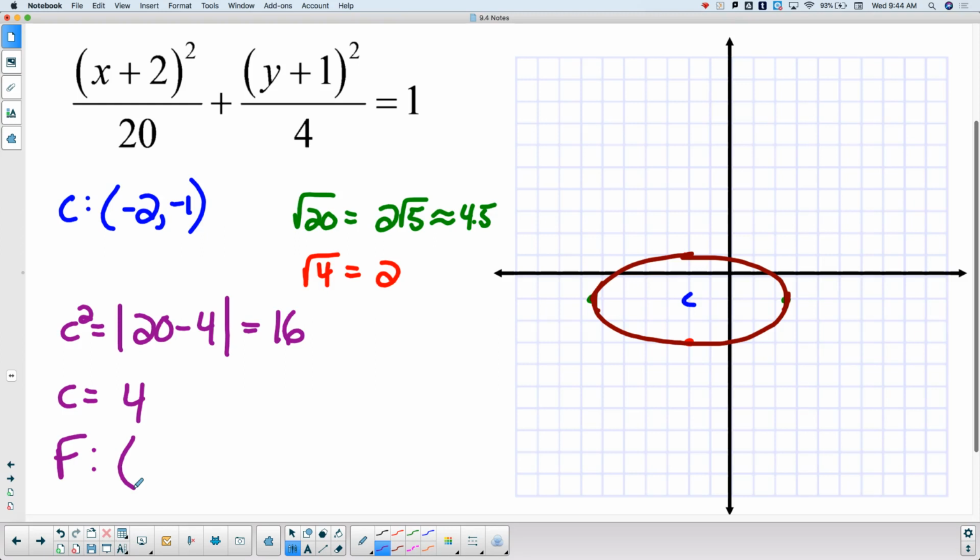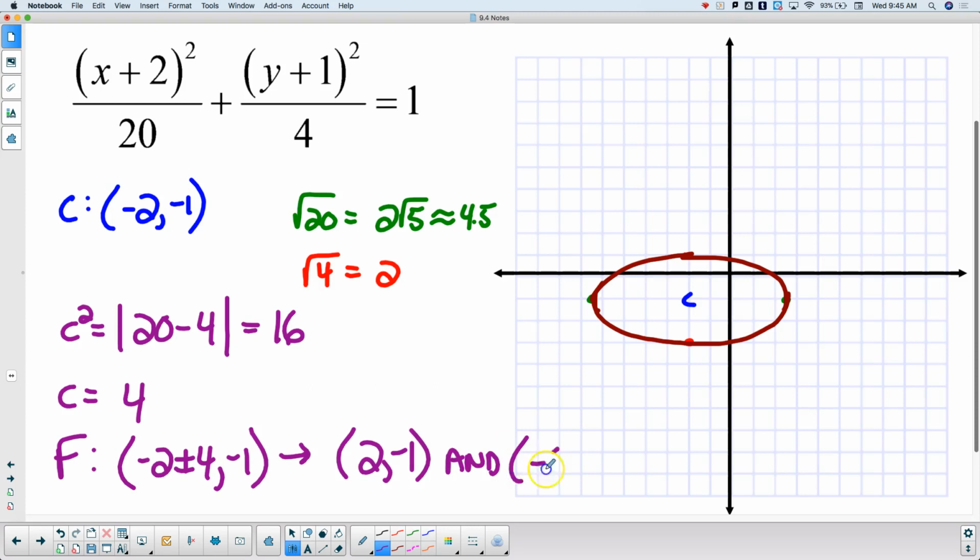So am I going to add it to the x or to the y? To the x. Okay. So -2 plus 4 is 2, and -2 minus 4 is -6. So my foci are at 2, comma, negative 1, and they're at negative 6, comma, negative 1.